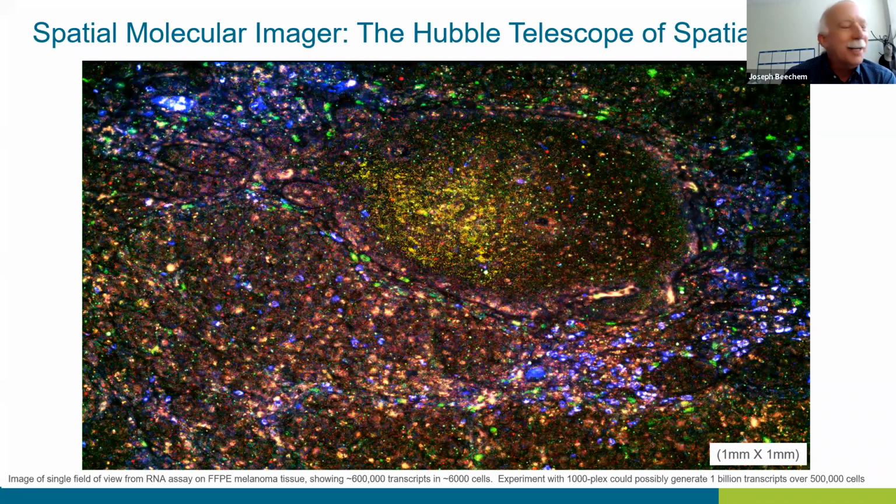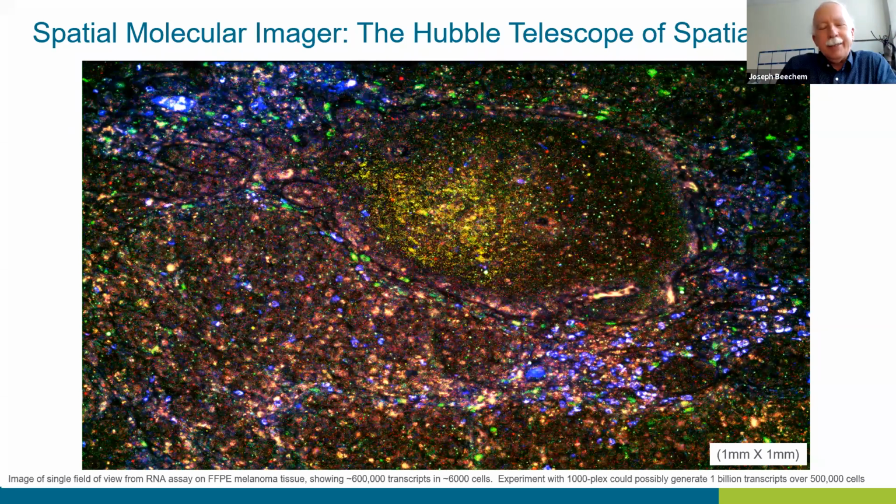In one talk I called this thing the Hubble Telescope of Spatial Biology, and it sort of caught on in some respect. We're looking at a melanoma tissue here. Each one of those little dots is an individually counted single RNA molecule in an FFPE tissue section. We're doing about 1,013 different RNA classes at a time here.